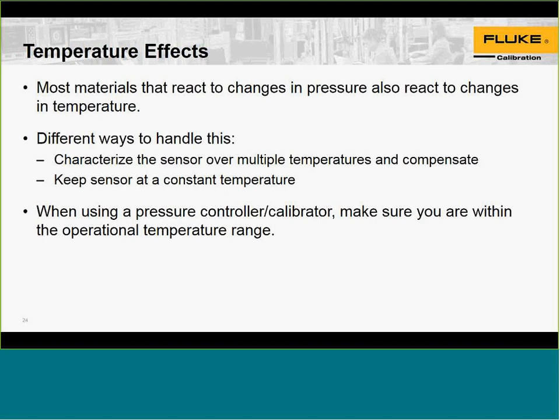Most materials that react to changes in pressure also react to changes in temperature. For example, if you have a poorly characterized controller, you may pretty much have a thermometer rather than a pressure controller, because of its rate of temperature change. Different ways to handle this are to characterize the sensor over multiple temperatures and compensate, or to keep the sensor at a constant temperature, or a combination of both.